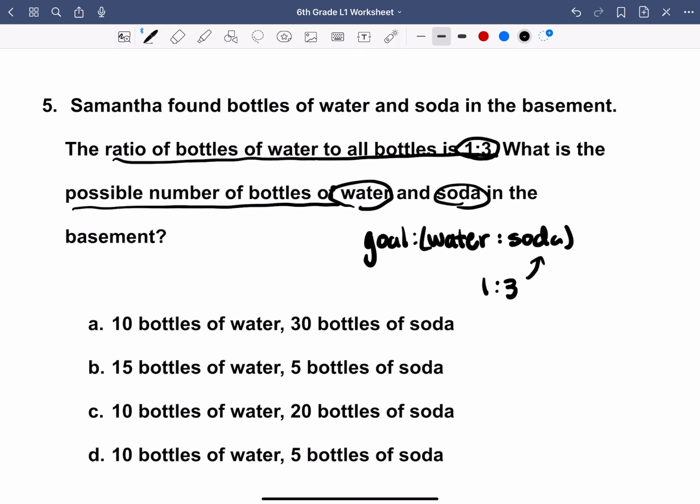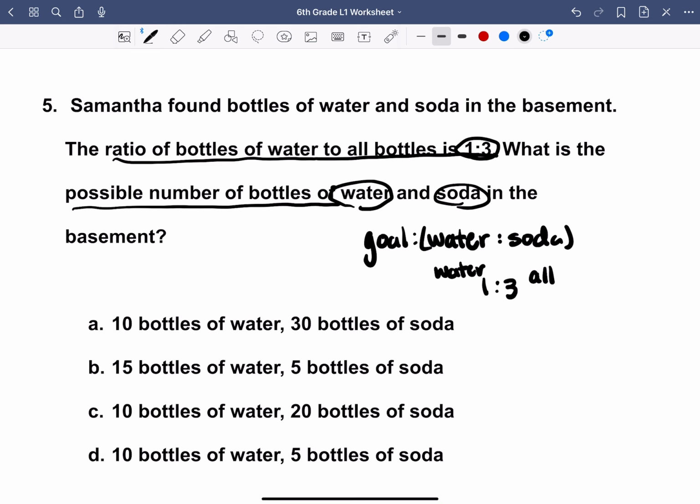There's a more rigorous method, and you really don't have to do this, because the faster way requires mental math. But I will go through it the rigorous way. So, I said soda, actually this should be all and water.